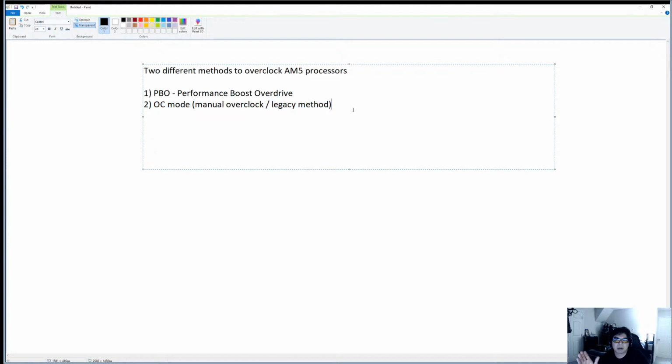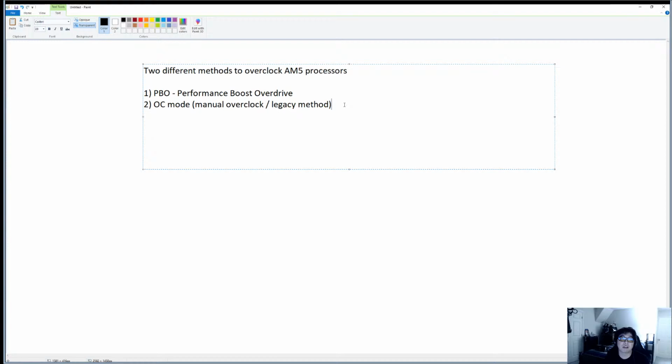And if we're talking about Intel, we'll talk about Intel just briefly, because I haven't really dabbled too much in overclocking on Intel in recent history, although what I remember is that the overclocking methods on Intel are a lot more basic, a lot more like doing it in OC mode, but there's more granularity there with what you can do.